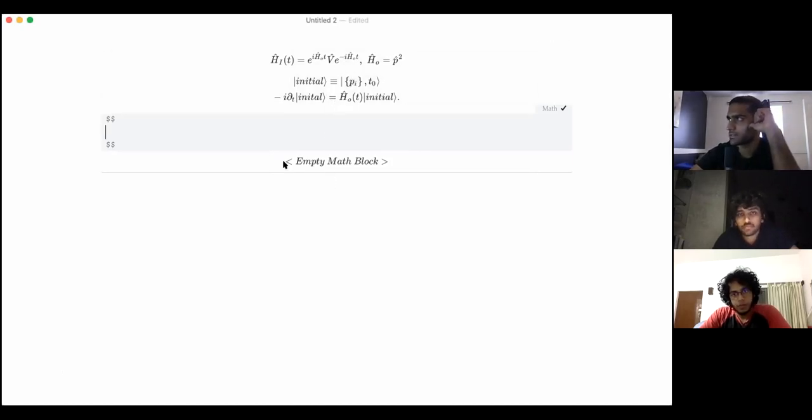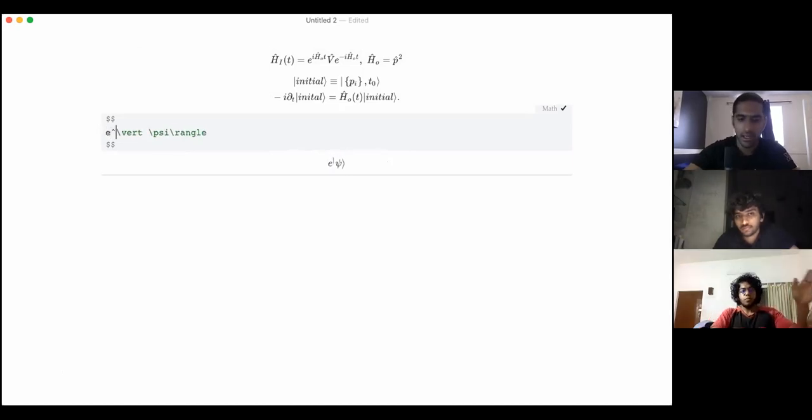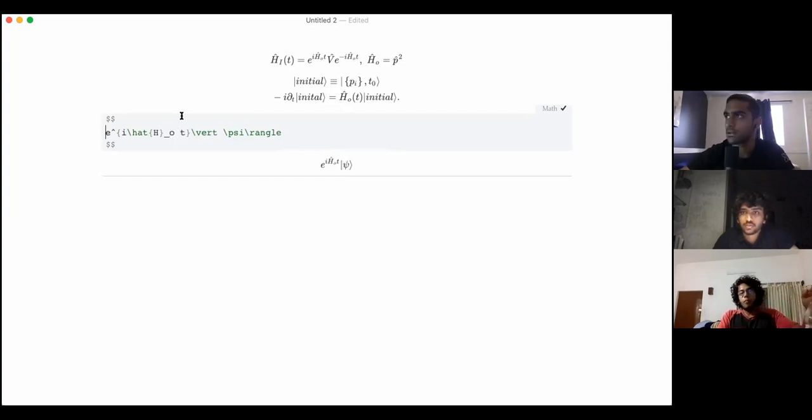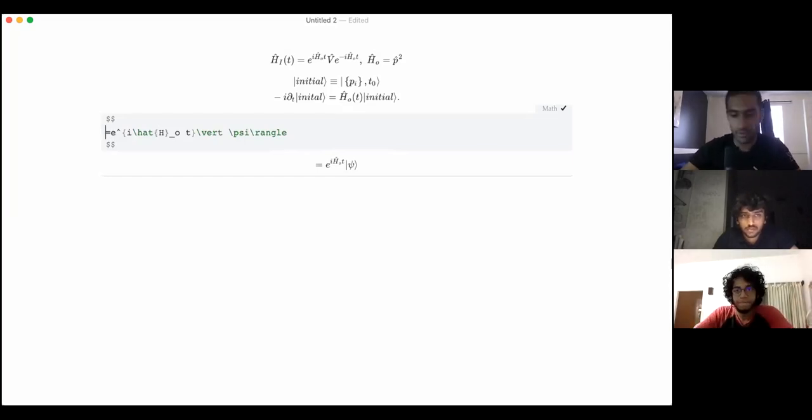The fact that there's this e power minus iHt encourages me to consider states of this form. I'll call this our trial wave function or trial state, psi trial.